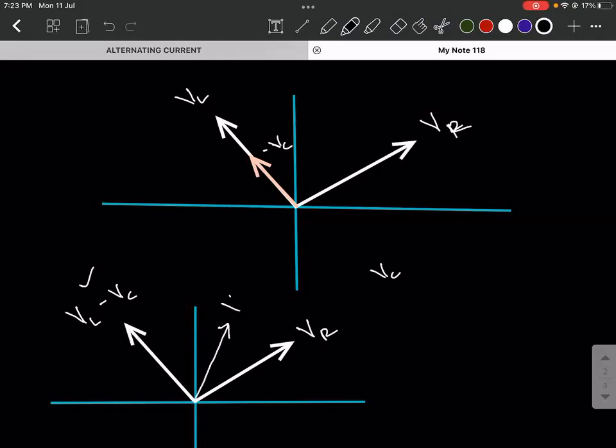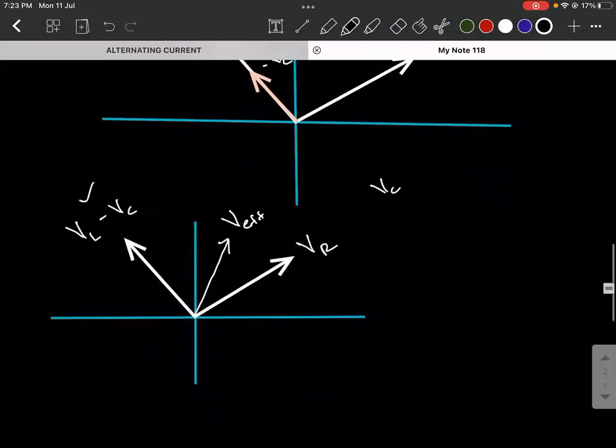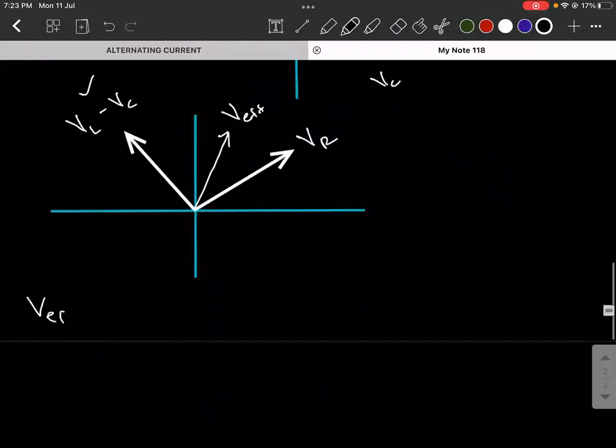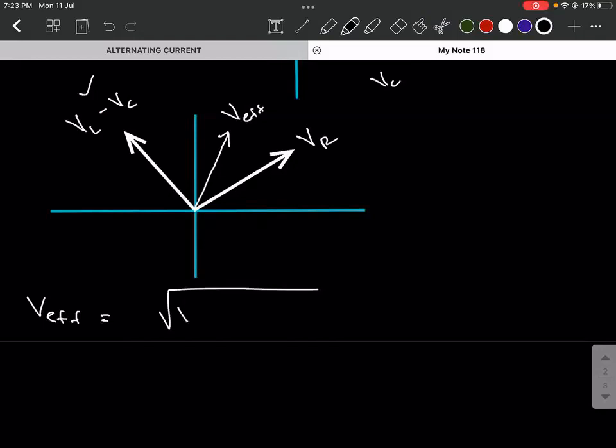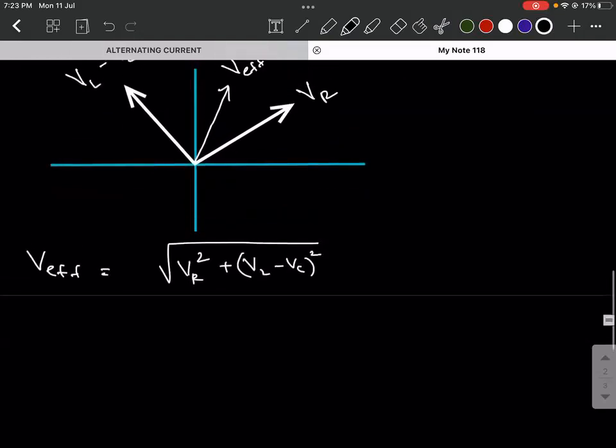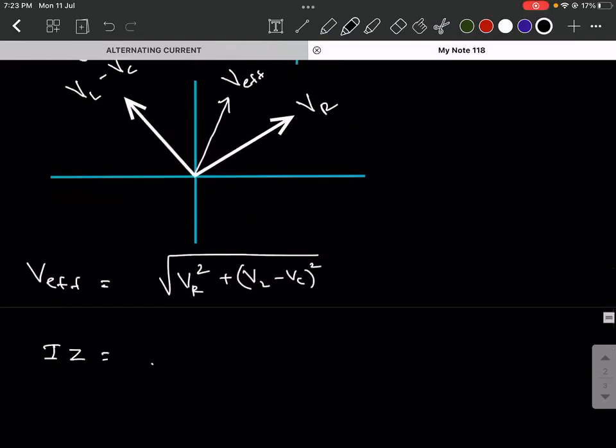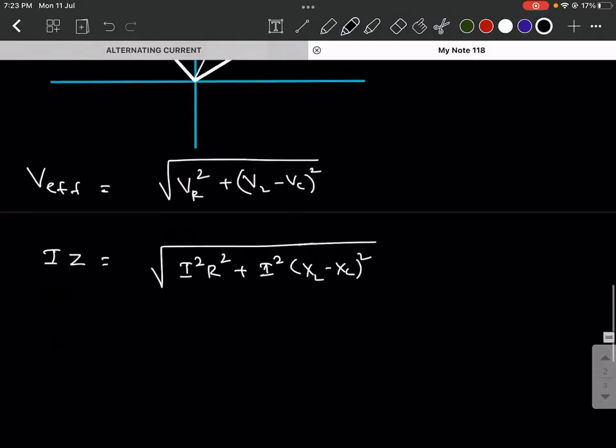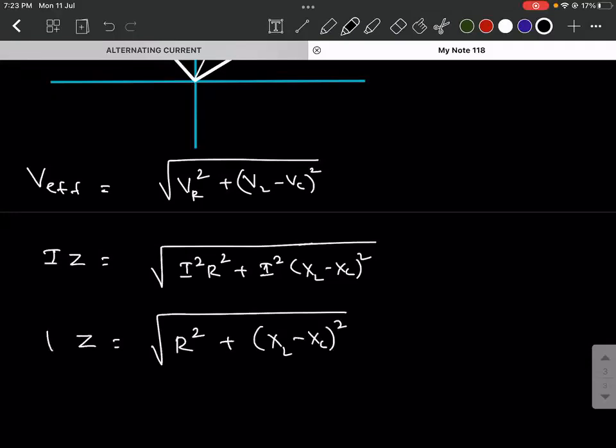So what is going to be the value of V effective? V effective will be equal to root of VR square plus VL minus VC the whole square. So V effective is IZ, which is equal to root of I square R square plus I square into XL minus XC the whole square. Z will be equal to root of R square plus XL minus XC the whole square.